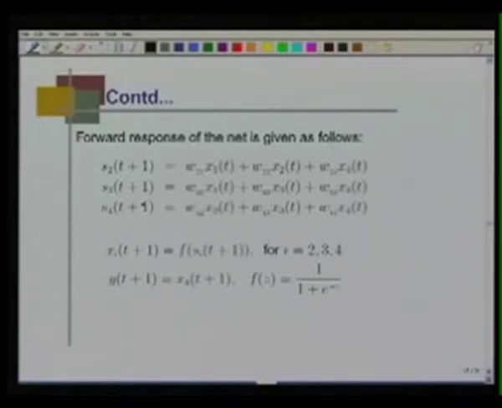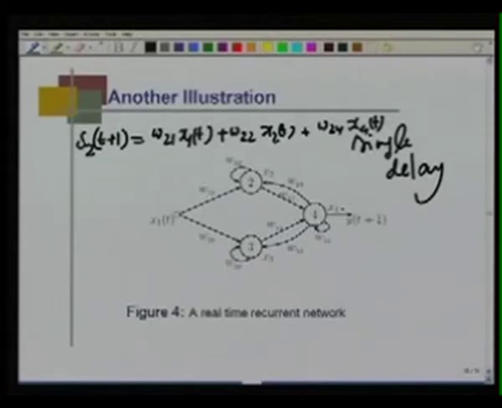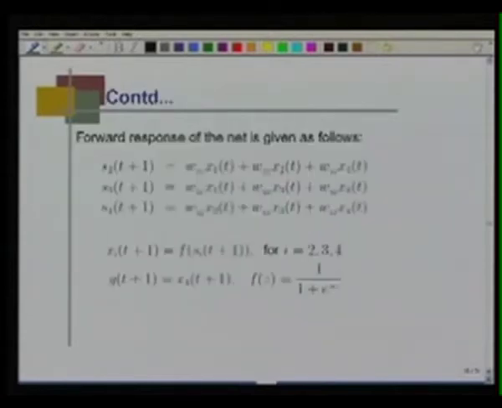And finally, the response of the network, if you look here, is Y t plus 1, which is X4 t plus 1. So, that is what we write here, Y t plus 1 is X4 t plus 1. Okay. And all activation functions are sigmoidal f.